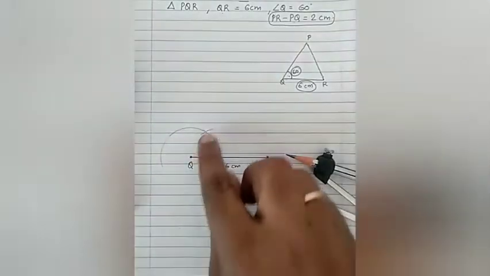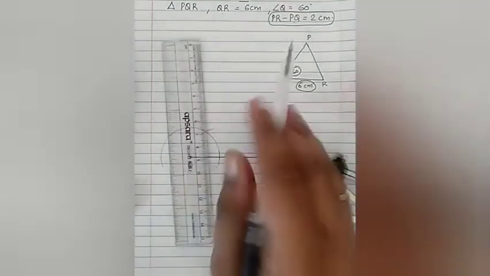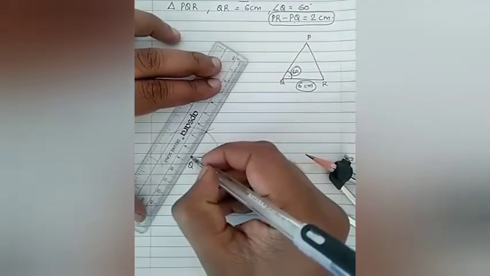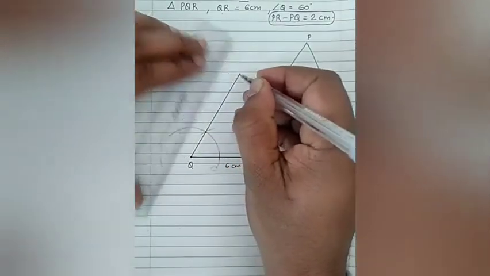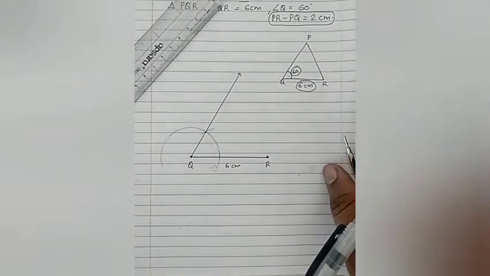So this is going to be my 60 degree. Let me use my scale and draw a final ray, because this is actually what I need, the 60 degree. Now, up till here, it is very similar to what we did in the first and the second question.